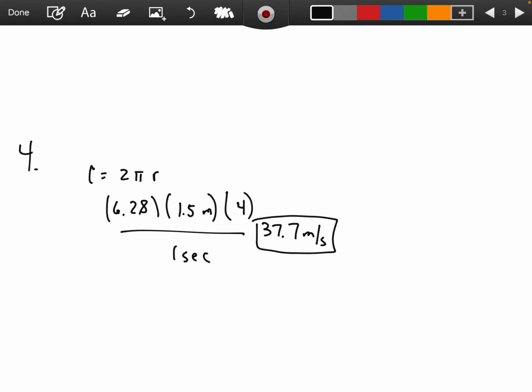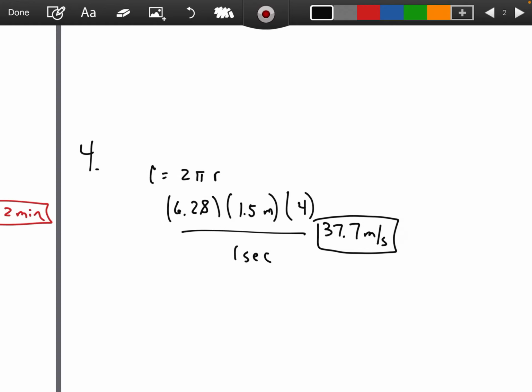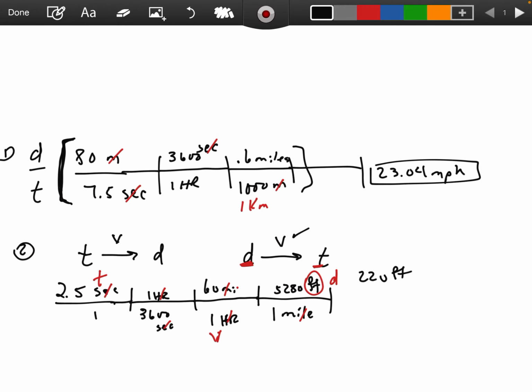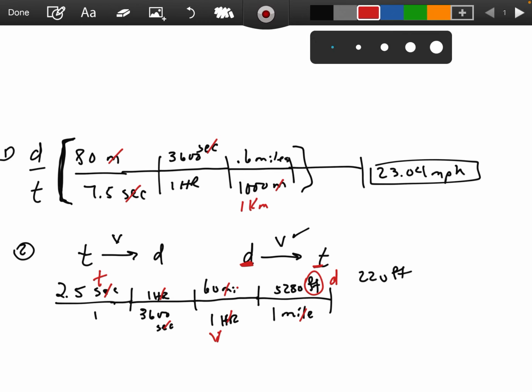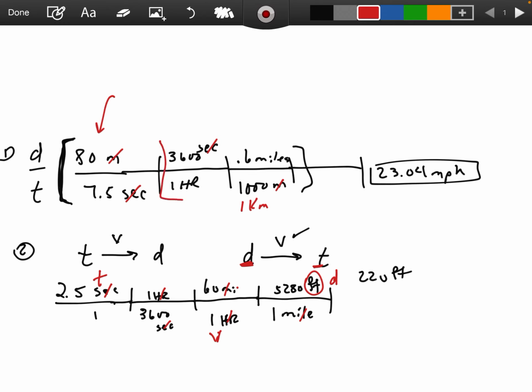Now this needs to be changed to miles per hour. And so you could go back to number 1 and you could just input 37.7 meters per second into there, and then remultiply and you would get your answer. You know, if you thought about it, all of this is going to be the standard way of changing meters per second to miles per hour.